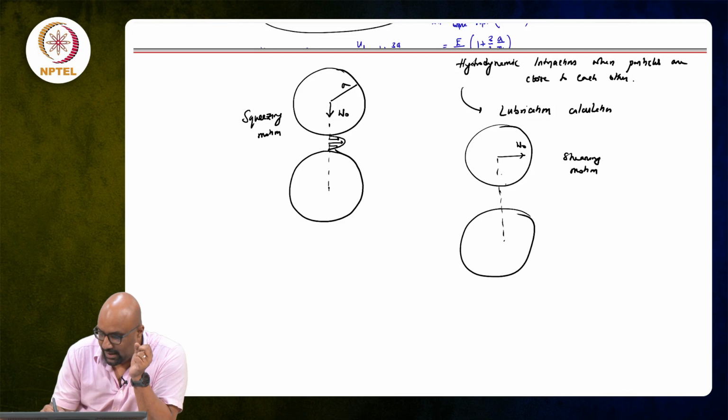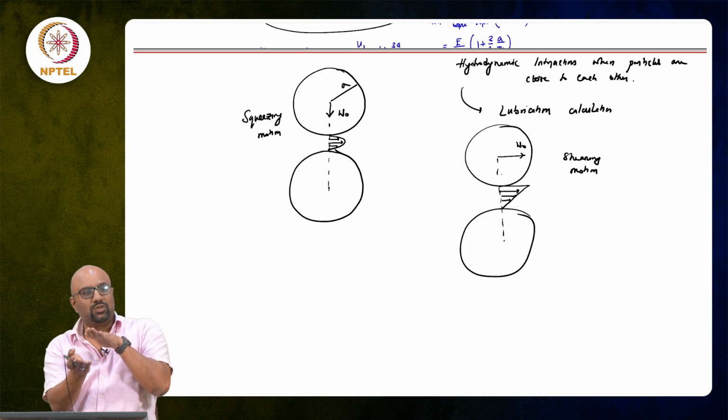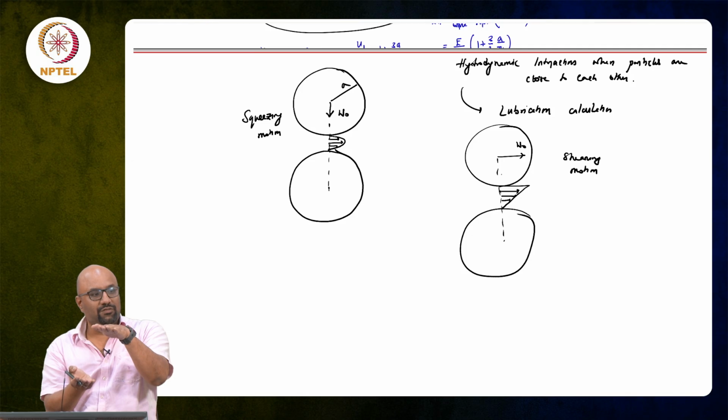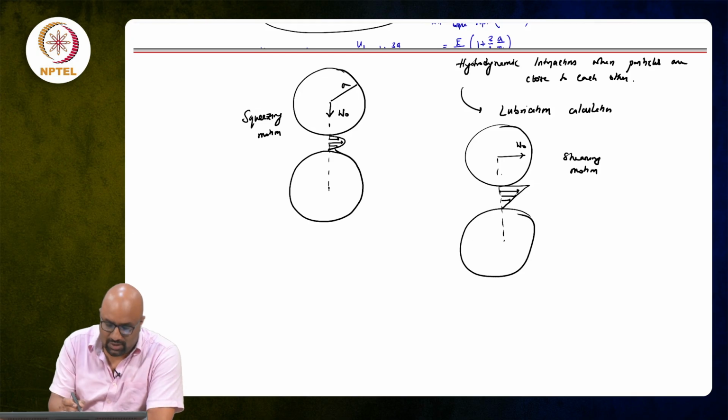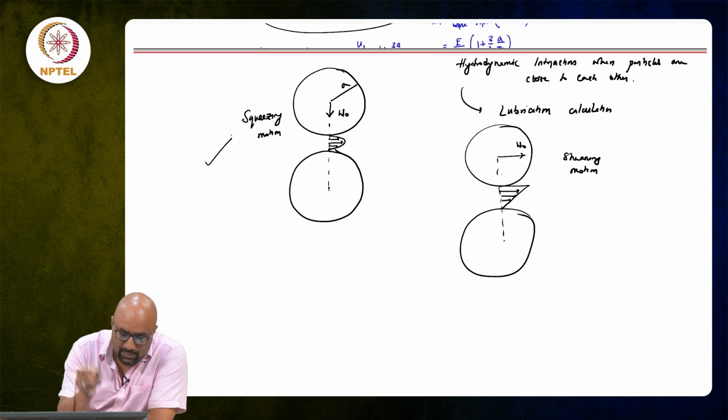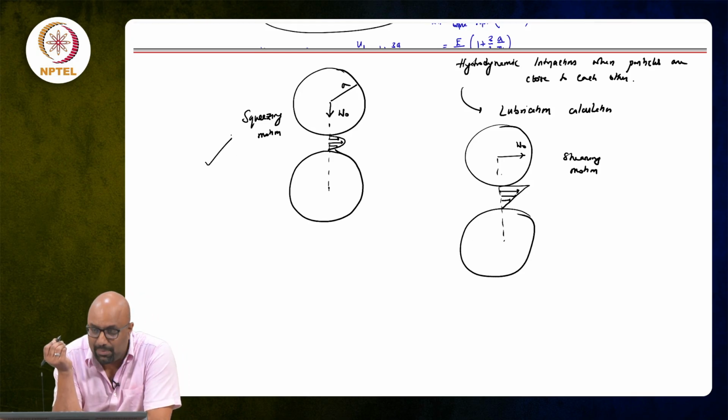Whereas in this case, when you make it move perpendicular to the line joining the centers, the top surface is moving and the bottom surface is held fixed. So, it is like a shear flow. I am just drawing things locally and we will expand upon it a little bit. Primarily I am going to go through what happens for the squeezing motion.